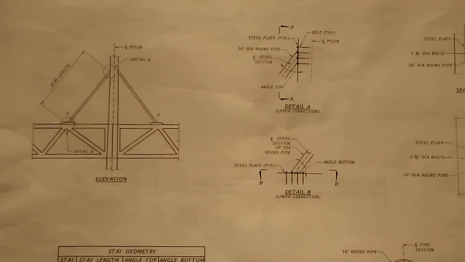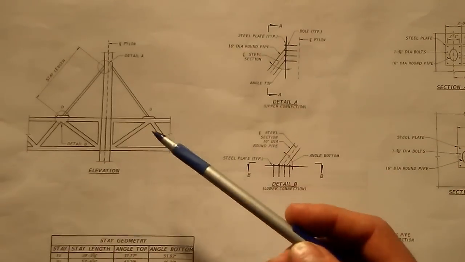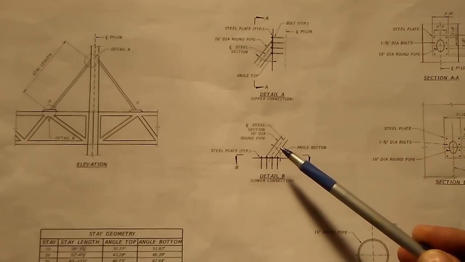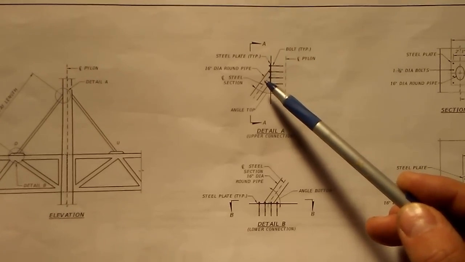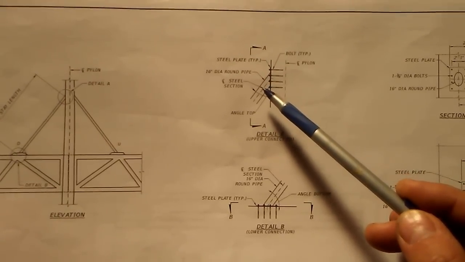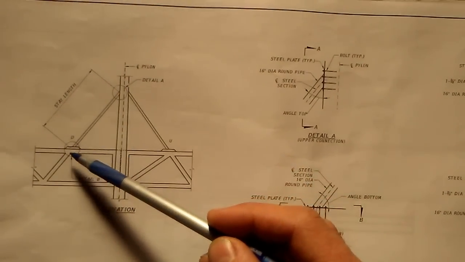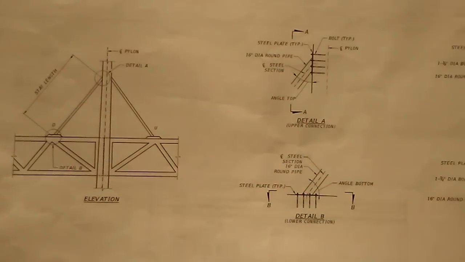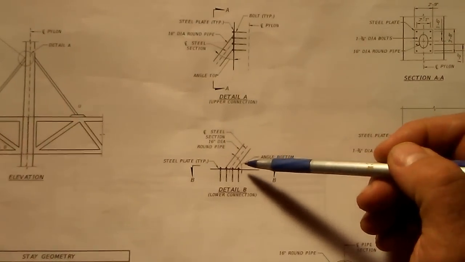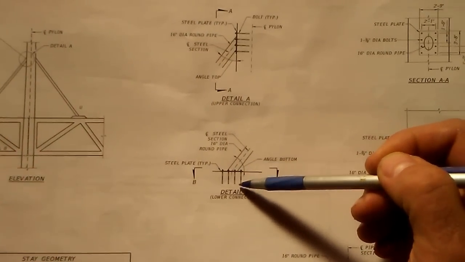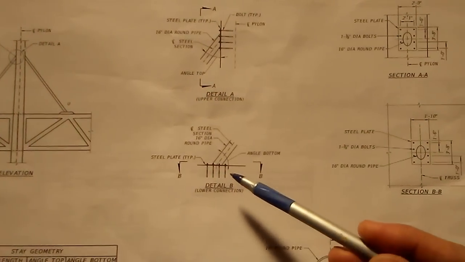Now, in a cable stay, this bridge was showing a steel pipe. In this case, it was a 16-inch diameter round pipe, and that pipe spanned from the pylon to the top chord panel point. If we look at the connection of this pipe, we can see that it was anchored to the bridge and also to the pylon with bolts.